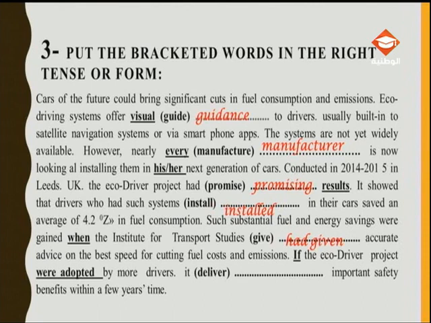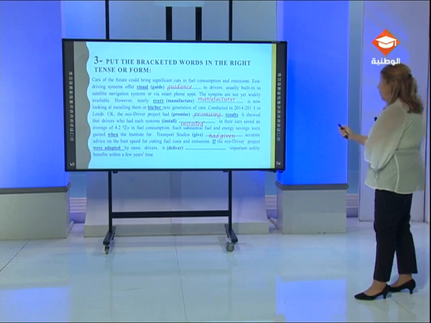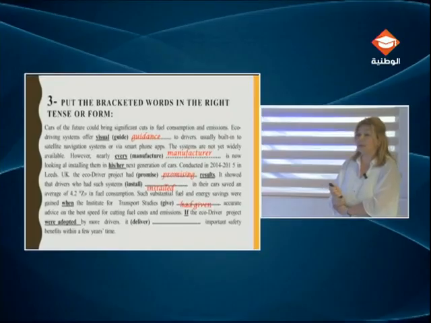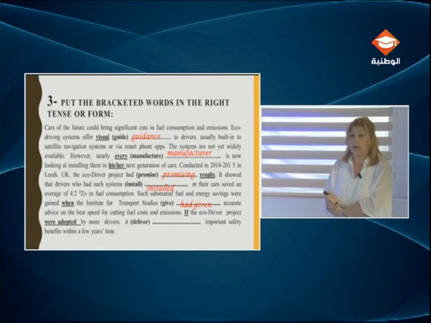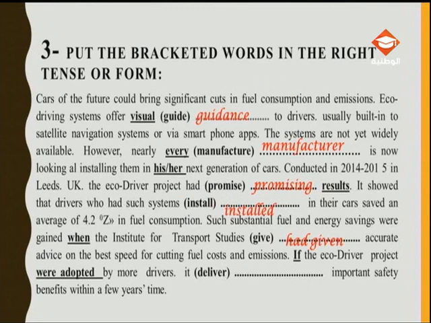If the Eco-Driver project were adopted by more drivers, it would deliver important safety benefits within a few years' time. This is a conditional sentence. If the Eco-Driver project were adopted, again, this means that we are in an unreal situation. This is not true, but in case the Eco-Driver project were adopted. Why do we use were and not was adopted?